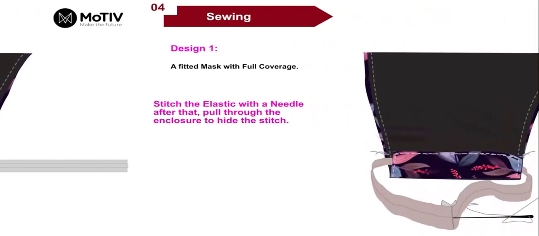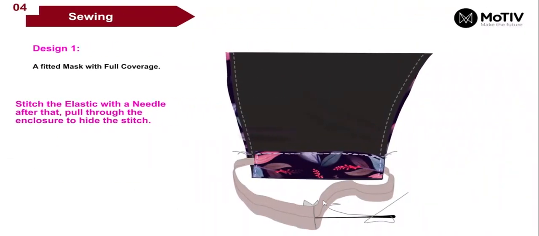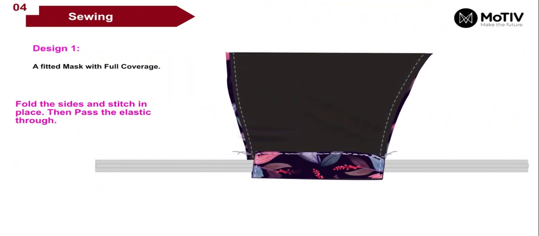Once you have stitched this part of the elastic here, and you pull it through so that it's hidden in the inside of this curve, then your mask will definitely be complete and it will be done.